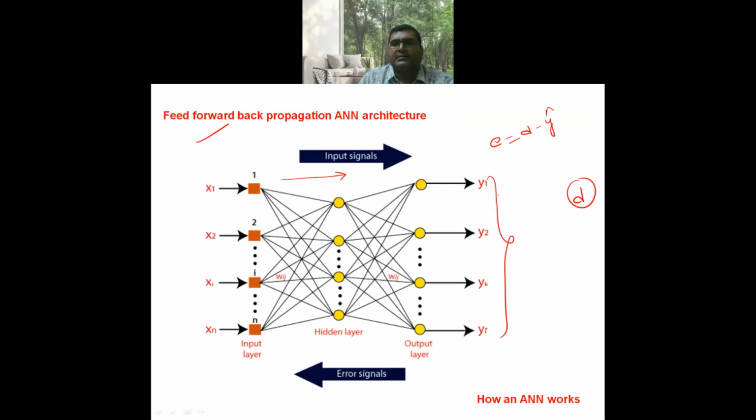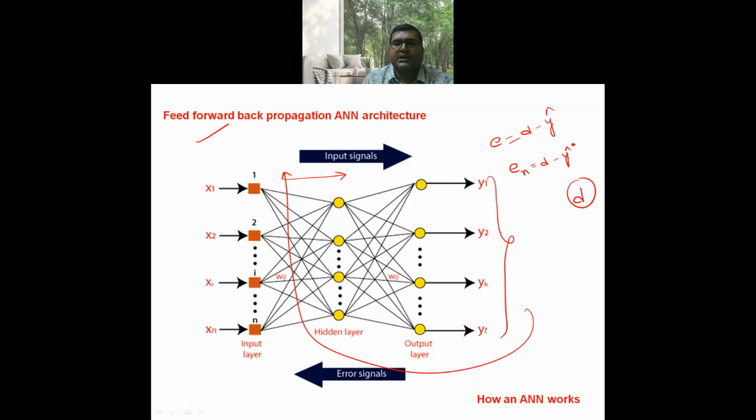For each iteration, we have to calculate the error. The calculated error will be back propagated to update the weights in such a way that in the next iteration, the error will be minimized.